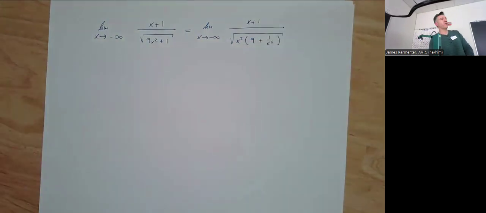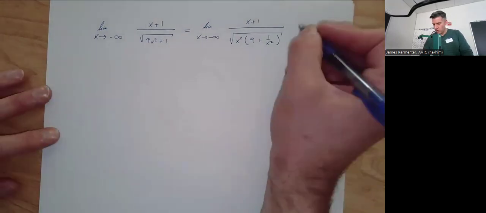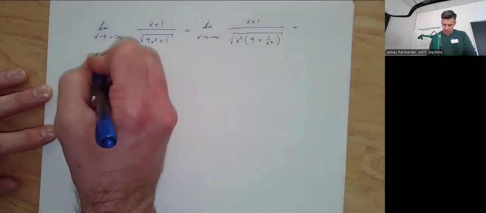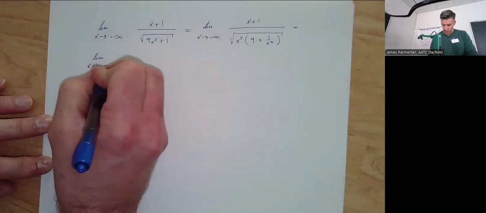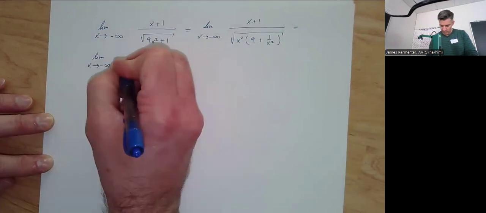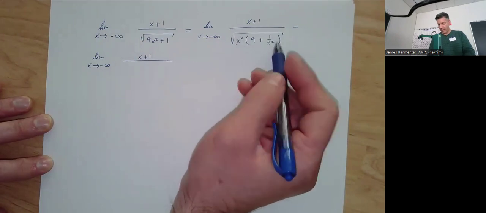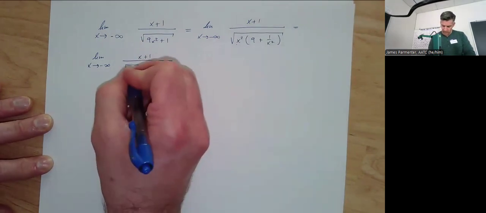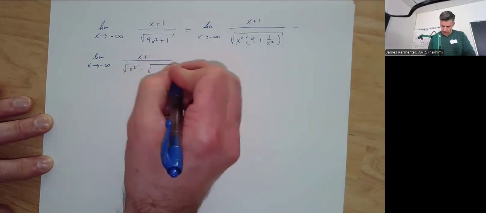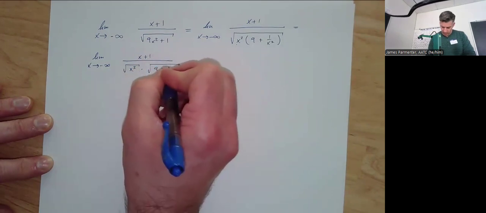So if I distributed it back through, I still have the same thing I had before. And then you can skip this next step if you want to. I like writing it just to make sure that everyone's on board. I get x plus 1 on top still. I'm just going to break up the square root of x squared times 9 plus 1 over x squared as the square root of x squared times the square root of 9 plus 1 over x squared.